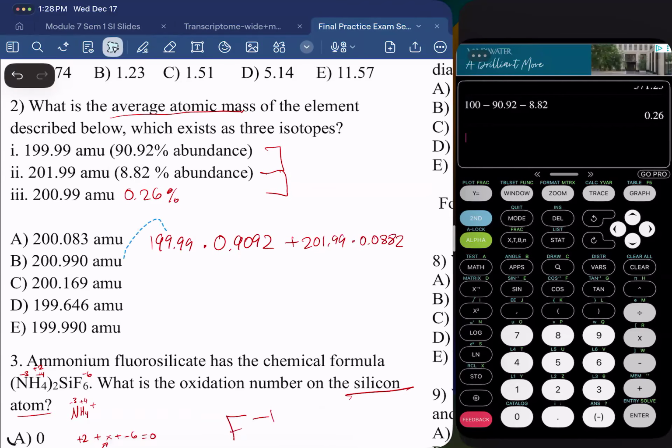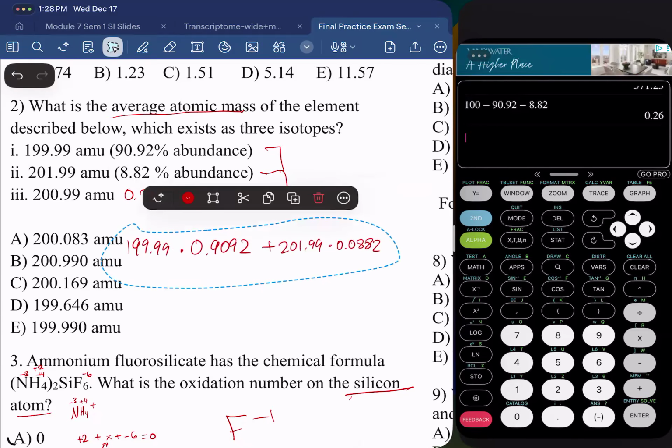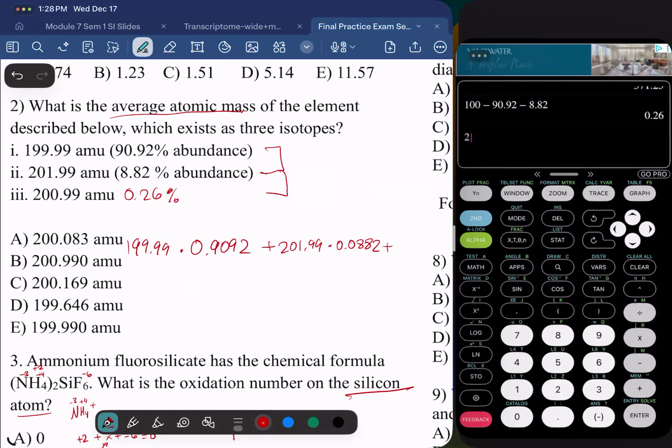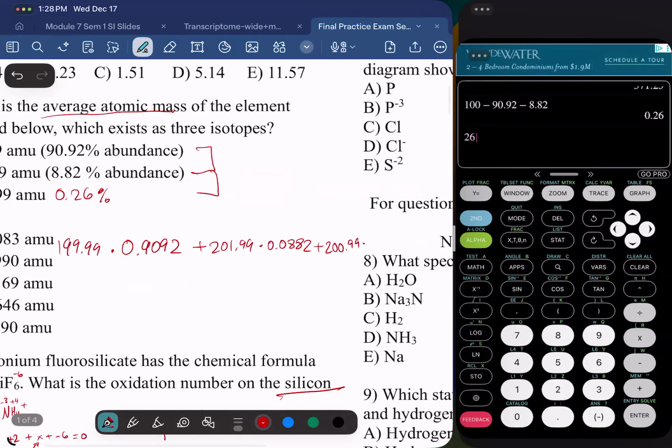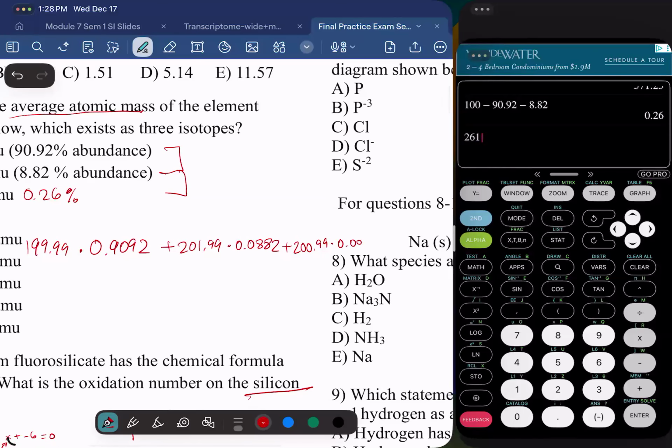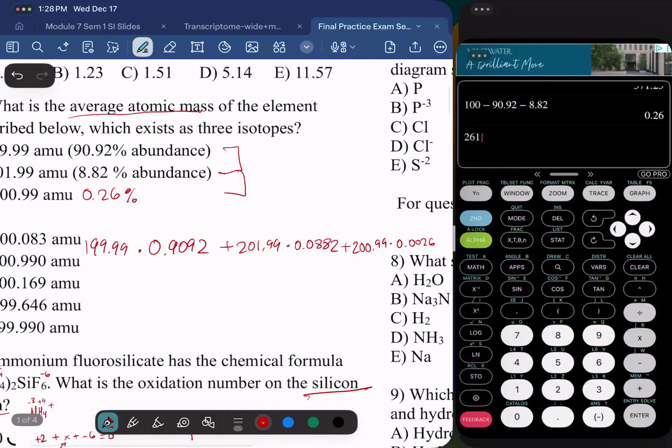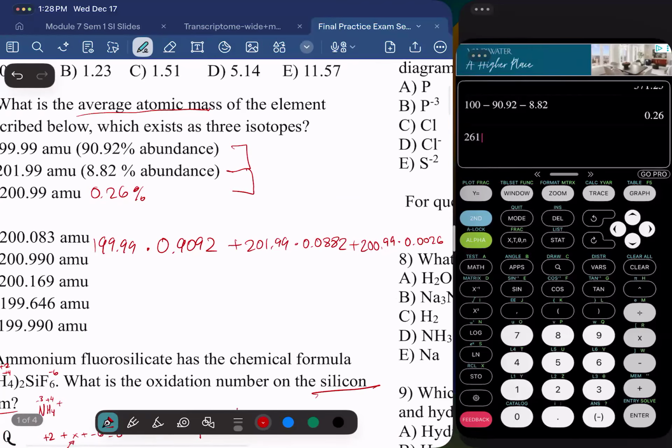And then for the last one, this one might be a little tricky, but this is why it's important to know how to do the decimals. This is 200.99 times 0.0026. The reason is that the percentage is already pretty much a decimal, so you add two zeros.